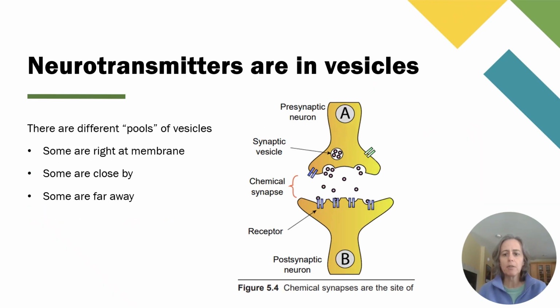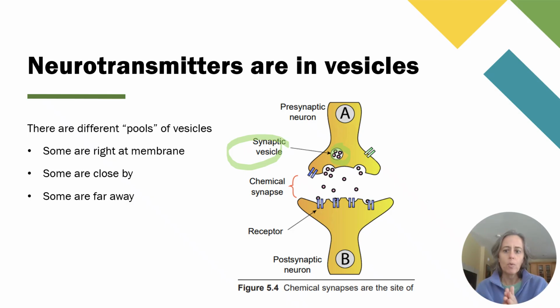So neurotransmitters, those molecules that are going to send our signal to the postsynaptic neuron, are in vesicles, which are little membrane-bound packets, right? You can see this synaptic vesicle here. These are located in different places within the neuron, and the book talks a lot about this. I'm not as interested. They talk about the readily releasable pool, the recycling pool, and the reserve pool.